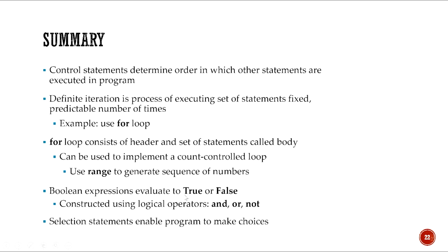Definite iteration is the process of executing a set of statements a fixed, predictable number of times, and in those cases we use a for loop. So we want to repeat this 100 times and we know it beforehand. A for loop consists of a header and a set of statements called the body. It can be used to implement a count control loop, and we had a few examples. We also use range to generate a sequence of numbers.